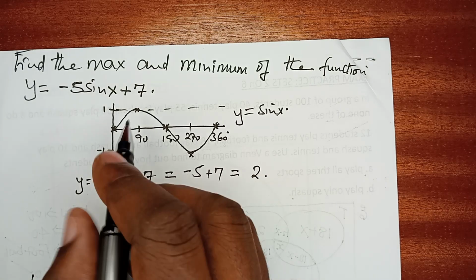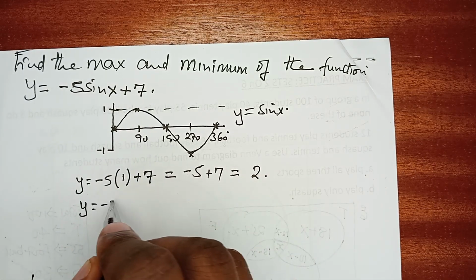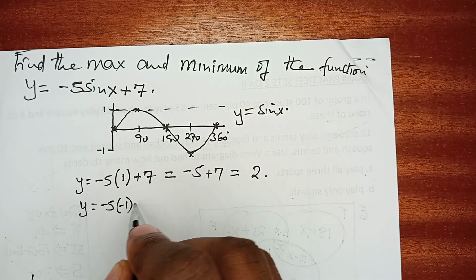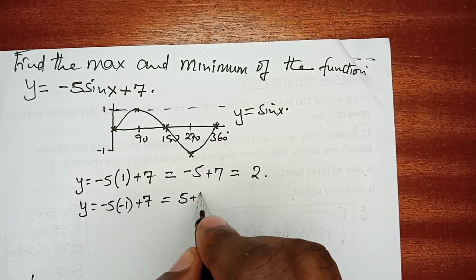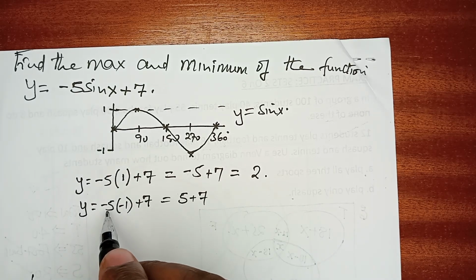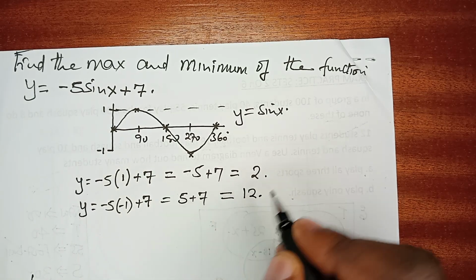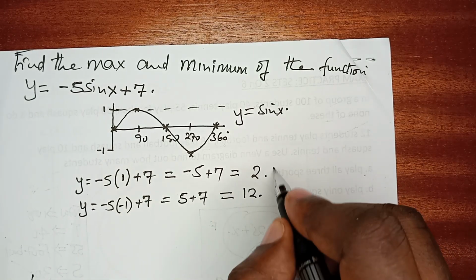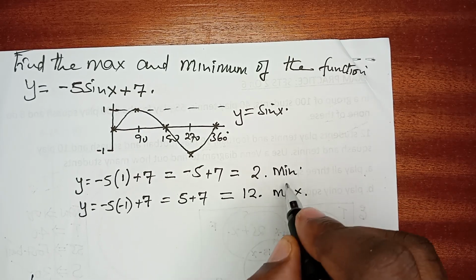And assuming the minimum of sine x is -1, y becomes minus 5 times -1 plus 7, which is simply 5 plus 7, because minus 5 times -1 is positive 5, plus 7, which is 12. It goes without saying that 2 is the minimum and 12 is the maximum value.